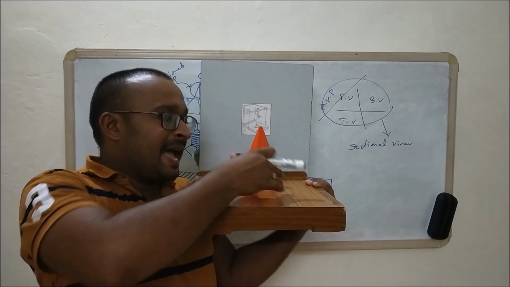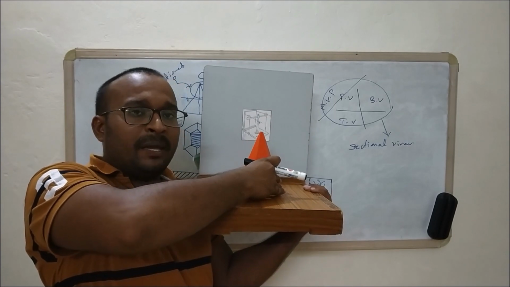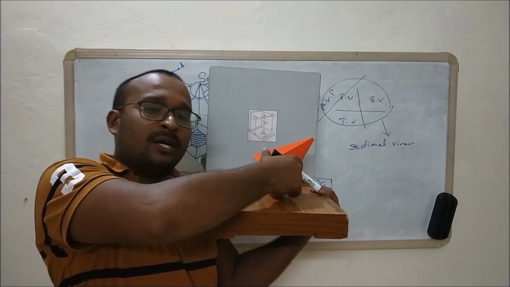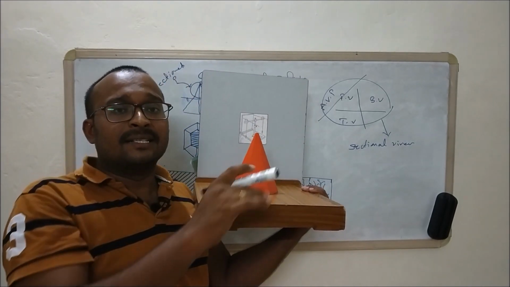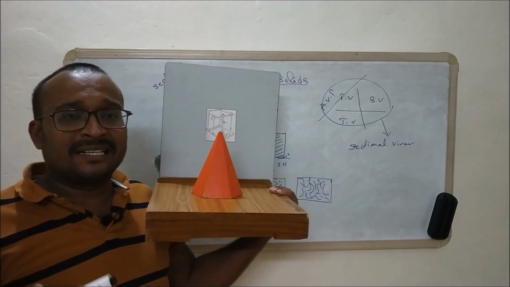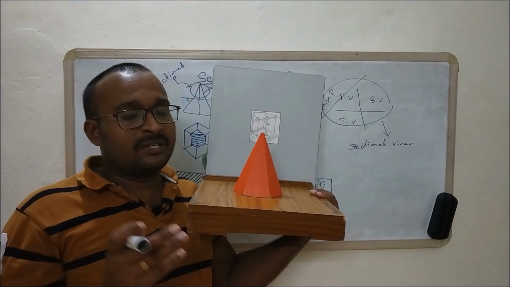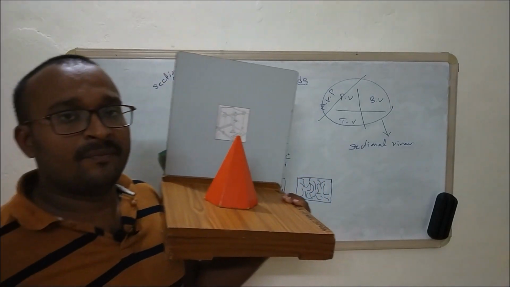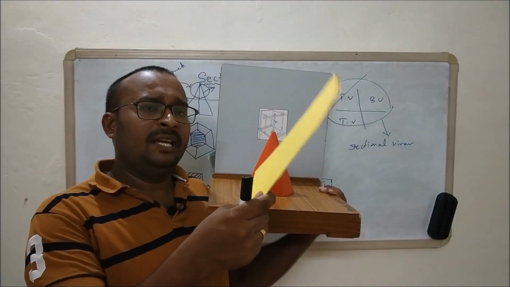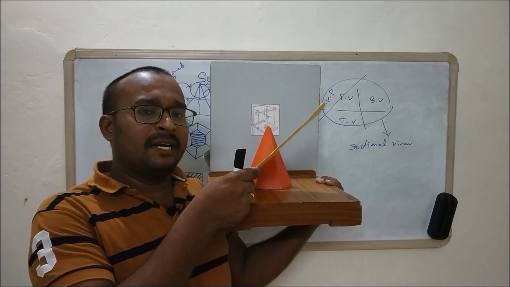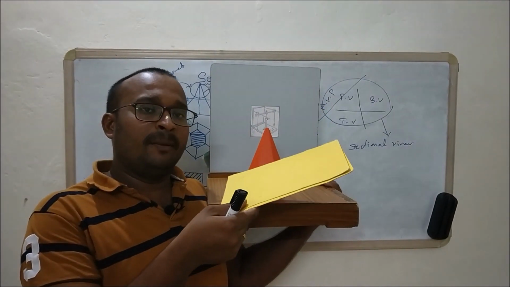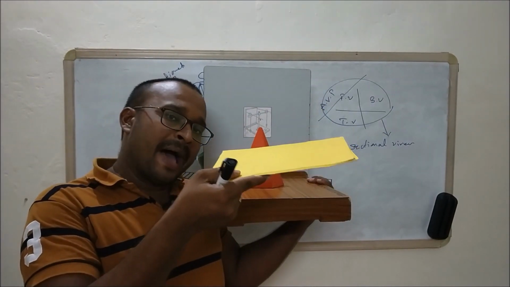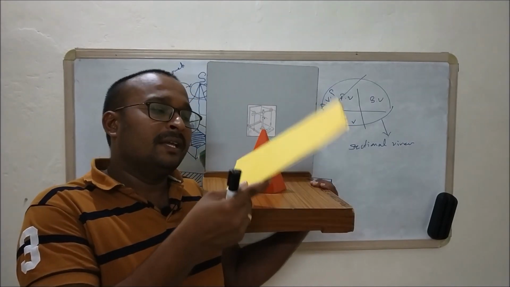So whether the axis is parallel to the VP, perpendicular to the HP, or inclined to the VP, inclined to the HP, like that, they will give the information related to the position of the solid. And the third one is the position of the section plane, whether it is perpendicular to the HP, perpendicular to the VP, or parallel to the VP, parallel to the HP, like that.